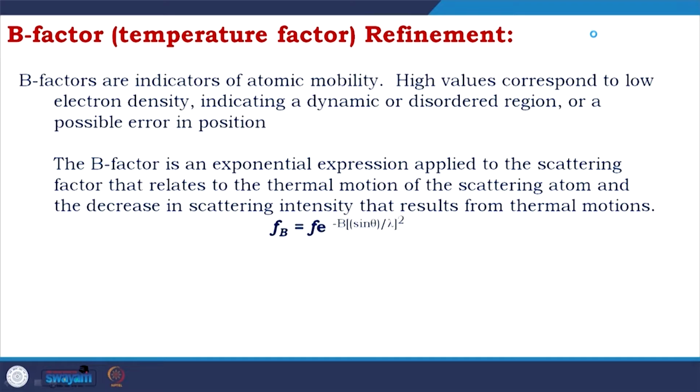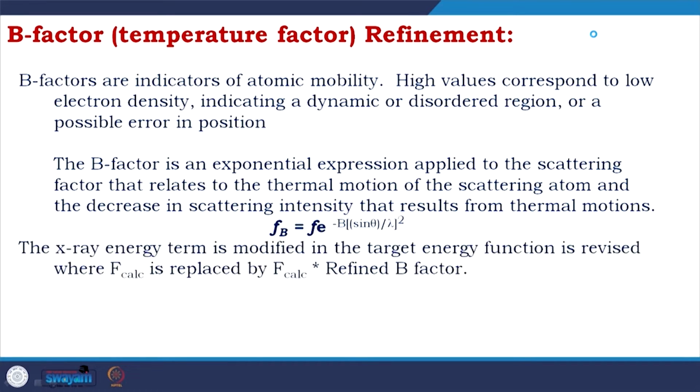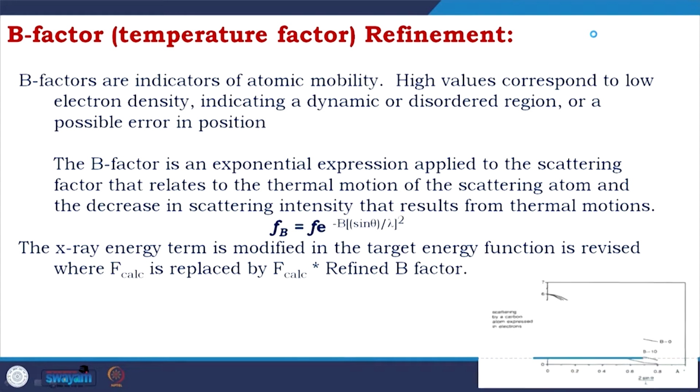The formula is Fb equal to F e to the power minus B sin theta by lambda square, where Fb is the modified scattering factor with the B, the temperature factor. The X-ray energy term is modified in the target energy function, where F calc, the calculated structure factor, is replaced by F calc with the refined B factor.